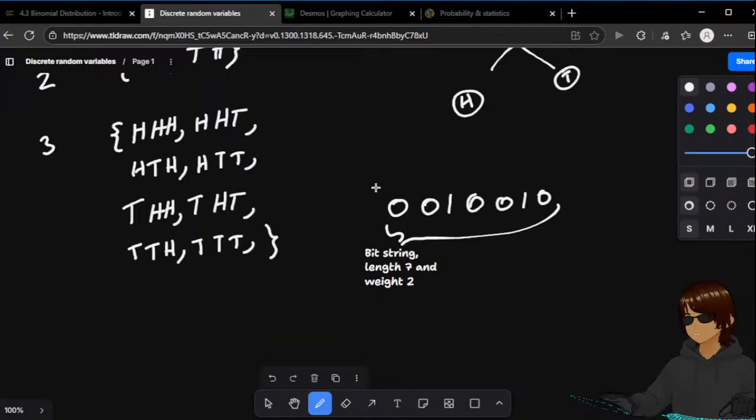So we can assign tails to 1 and heads to 0. So the number of bit strings of length n and weight k is n choose k.